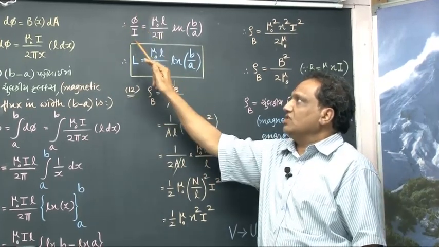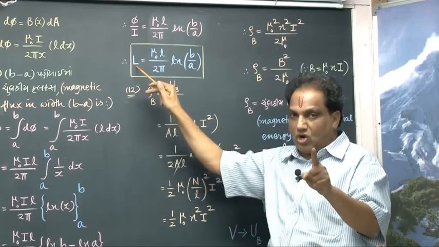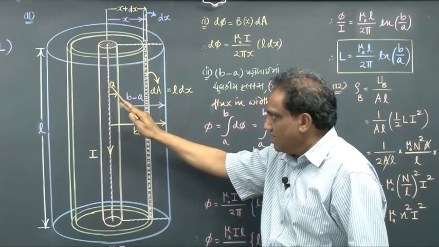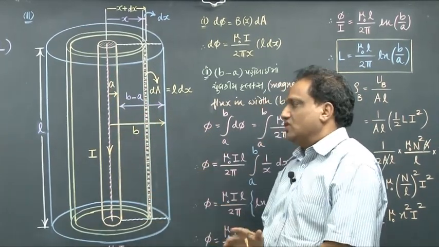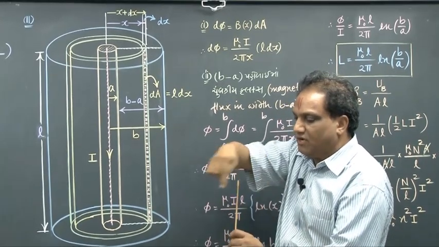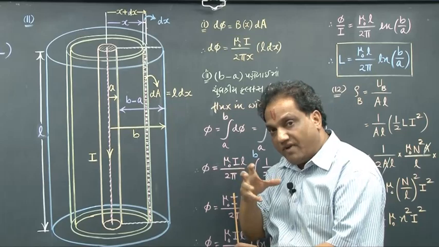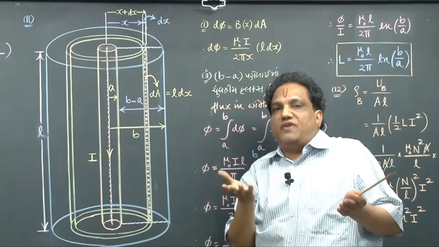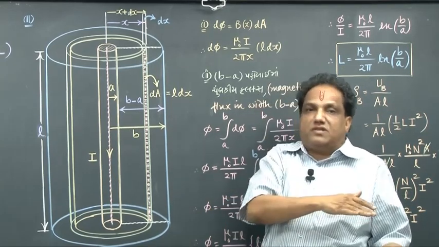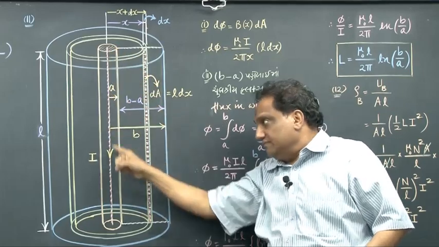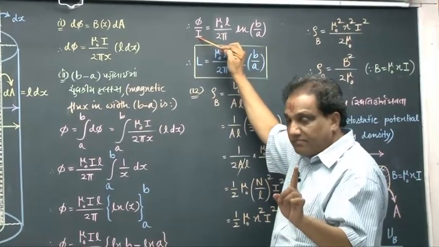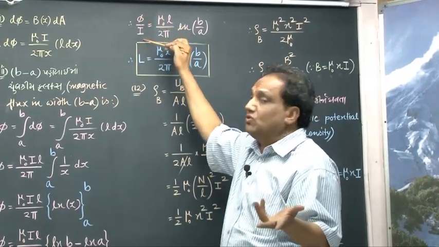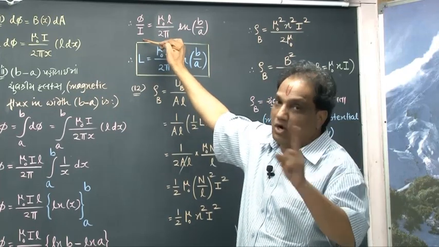Actually this is not self-inductance, this is mutual inductance, because you are passing current through the thinner wire, and because of that, whatever magnetic field is generated in the surrounding space, you are finding the magnetic flux associated with the outer part, not through this wire. Then current is passing through a different wire and magnetic flux is associated through a different wire. So this ratio is known as mutual inductance, not self-inductance.